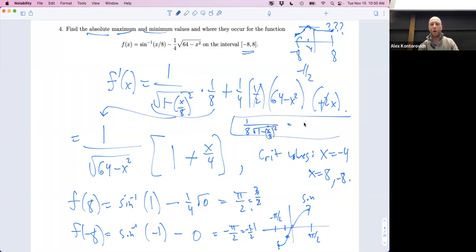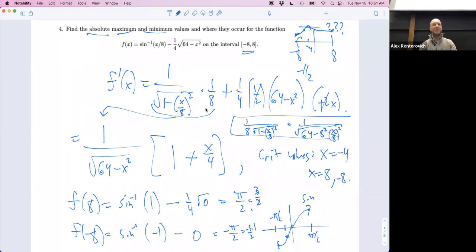I pulled the 8 inside the square root. If you pull it inside the square root, that's a 64 minus 8 squared, and 8 squared is still 64, x over 8 squared. I just did a little bit of algebra, and the 1/8 turns into 1 over 64 minus x squared.